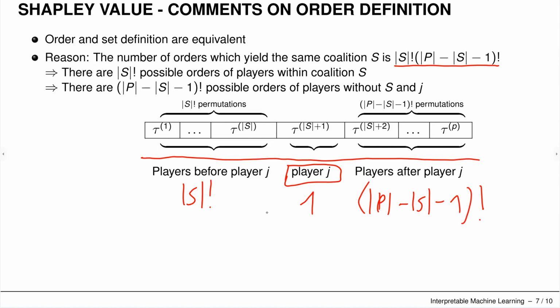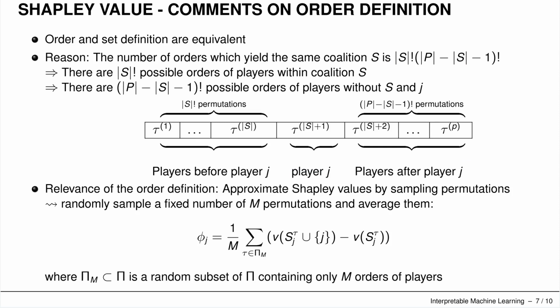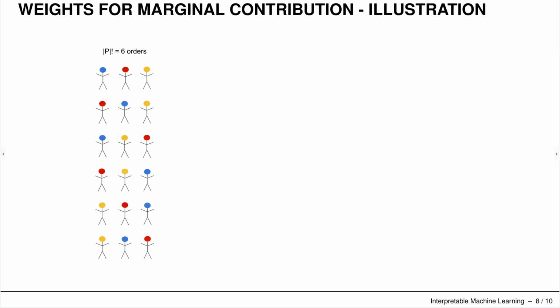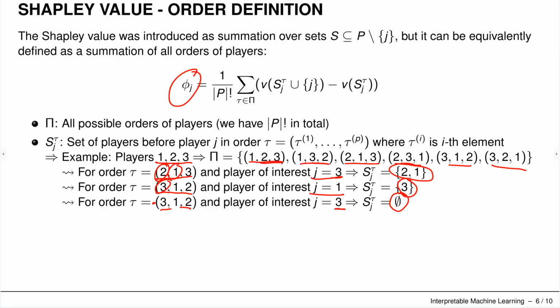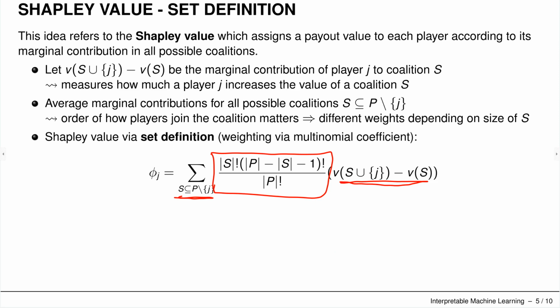And that gives us this number, which you see here in the weighting. That was this number here.